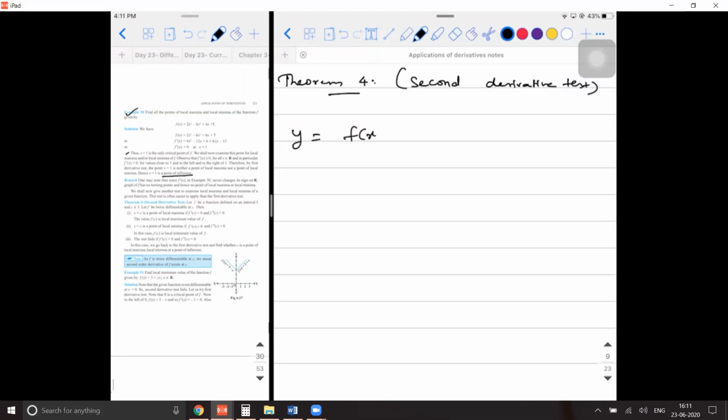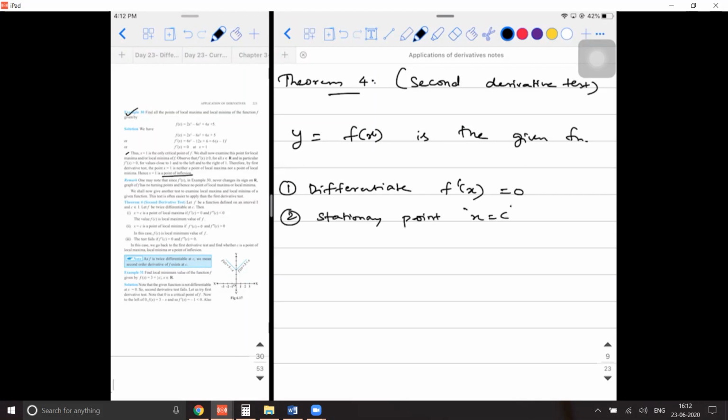If y is equal to f of x is the given function, differentiate f dash of x and equate it to 0. By doing so, you get a stationary point, let's say x is equal to c.